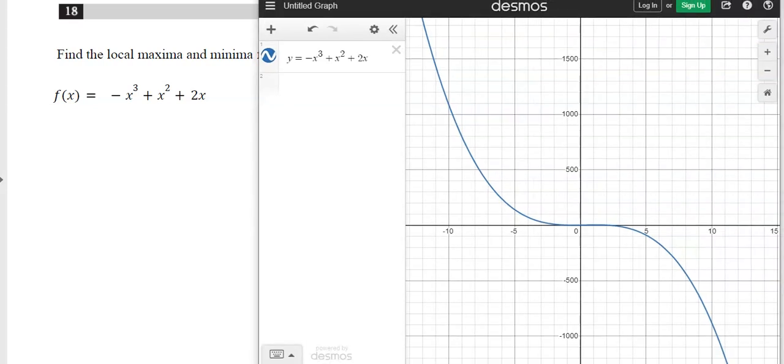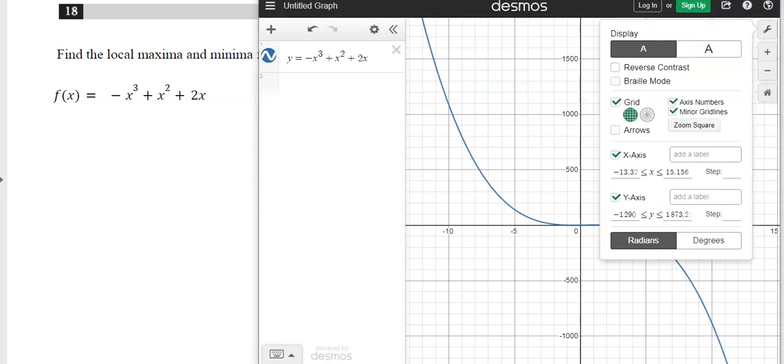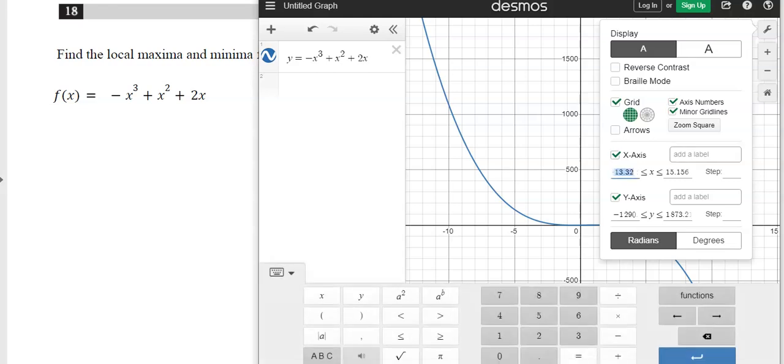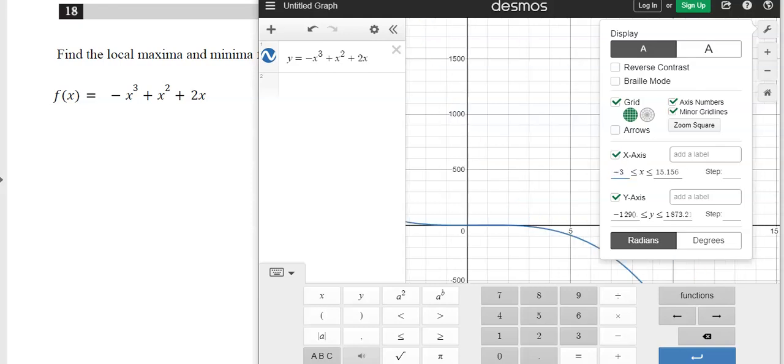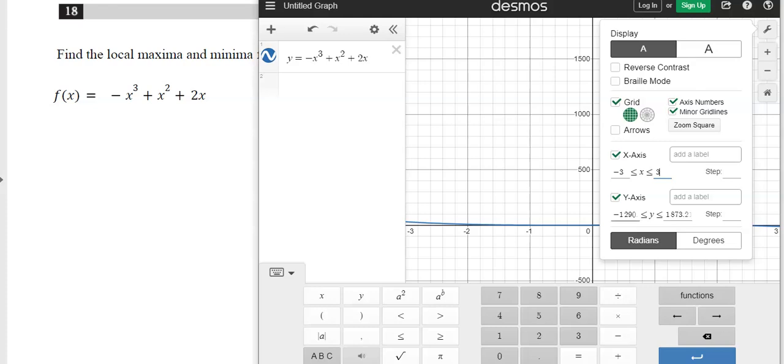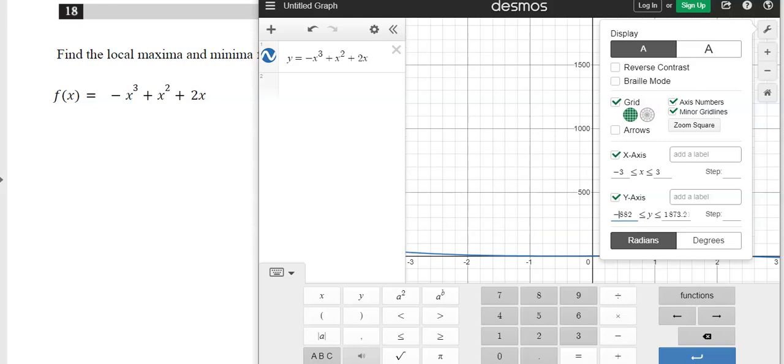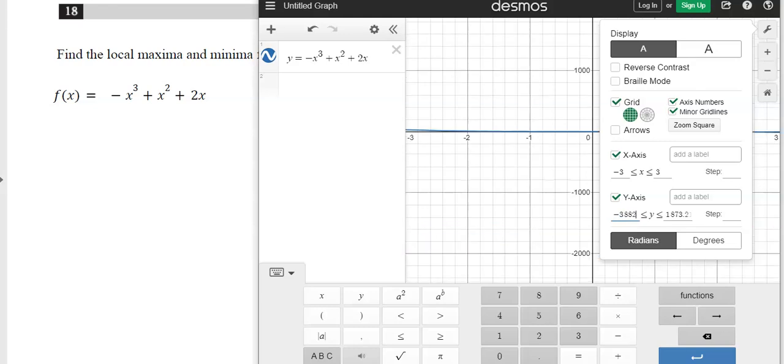So let's try to get a better window here. I basically got to zoom in and see what's going on from -3 to 3 on the x's, and my y's, I don't know, let's go from -3 to 3 on this one.